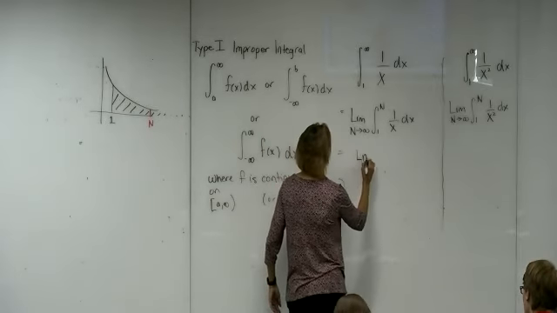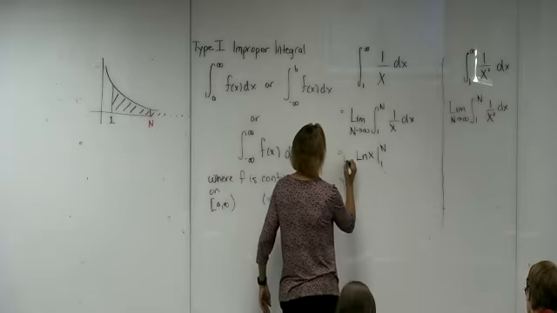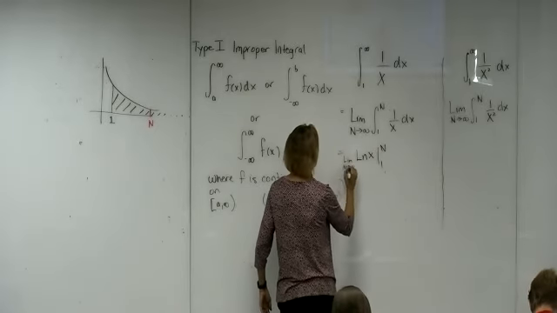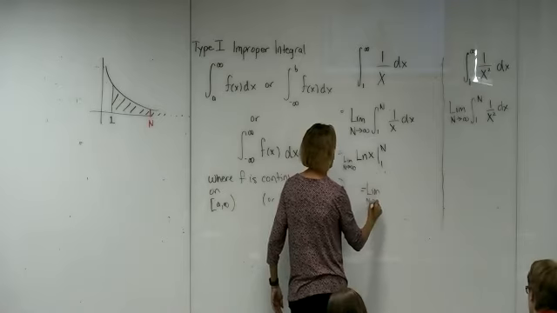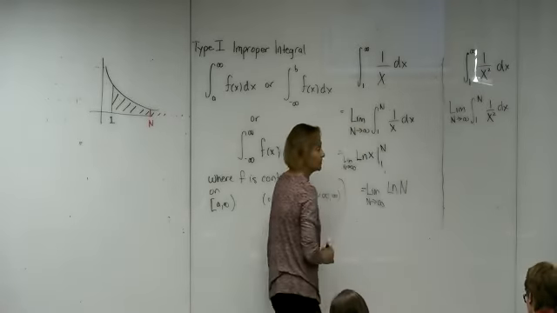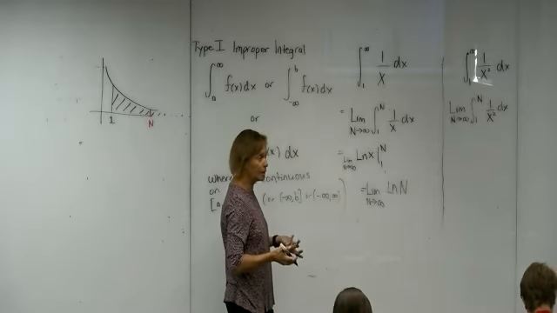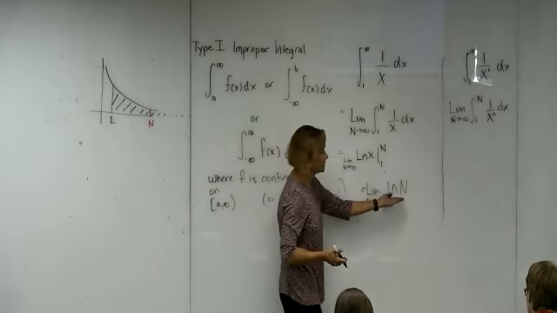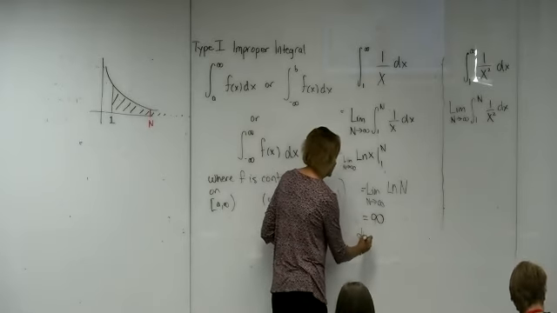This is the natural log of x from 1 to n, with the limit as n goes to infinity. So we're looking at the limit as n goes to infinity of the natural log of n. The natural log of 1 is 0. Logarithm is a growing function, so even if it grows slowly, as n gets big, so does that. So this integral diverges.